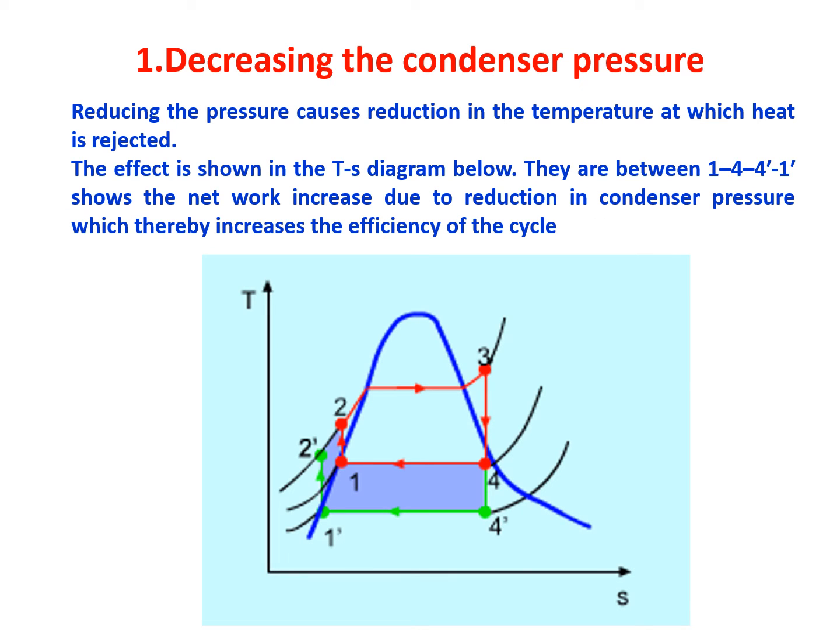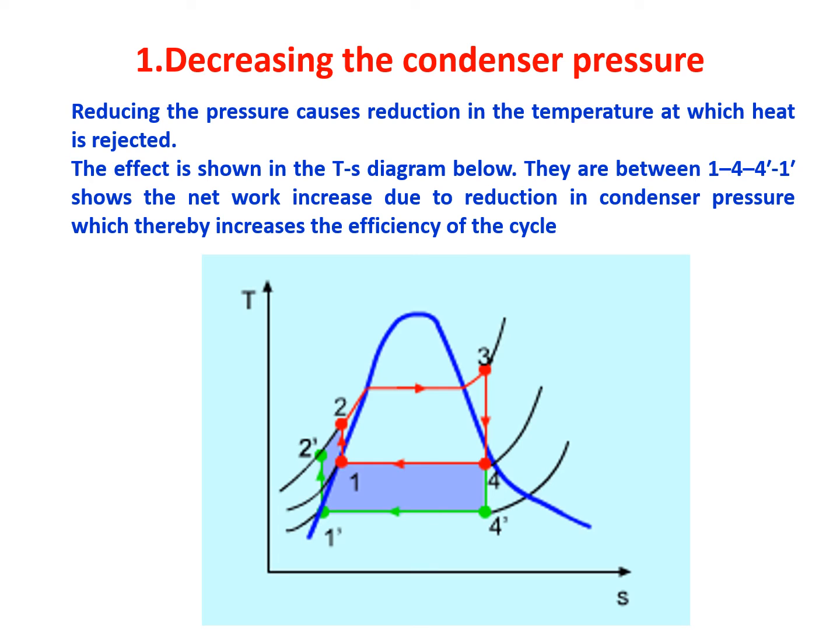If you look at this temperature-entropy diagram, I have very clearly shown how decreasing the condenser pressure increases Rankine cycle efficiency. Here, 4-1 is the decreased condenser pressure, thereby increasing the area.